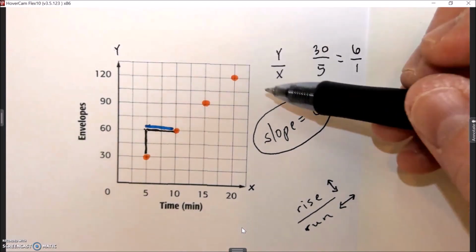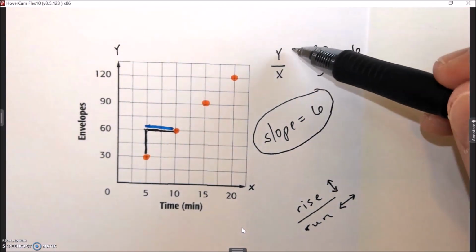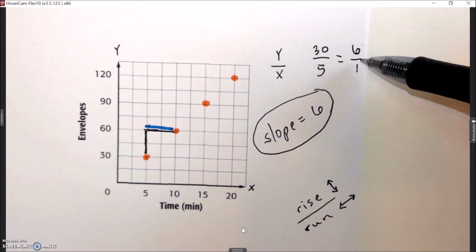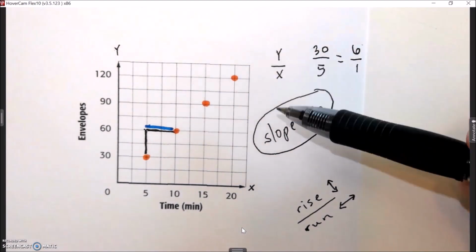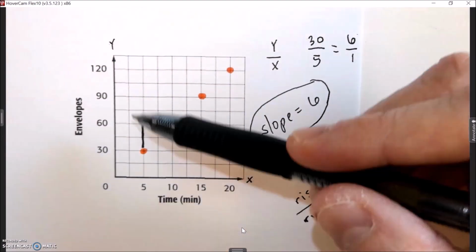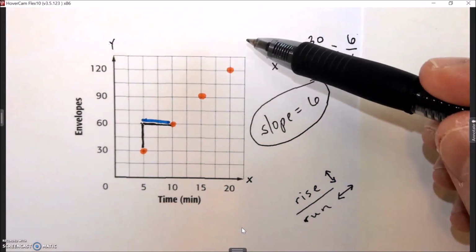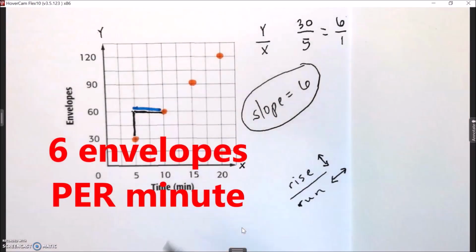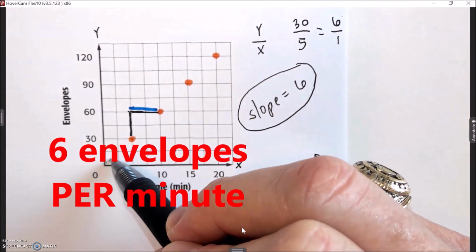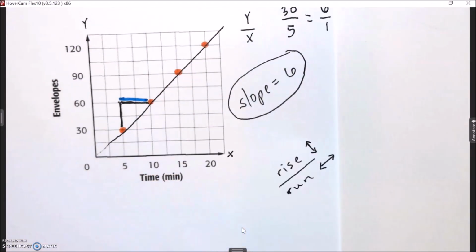However, the 1 does help us if we were to graph this. So if our slope was 6 over 1, that means y would go up. That means we would go up 6 over 1, up 6 over 1, up 6 over 1, forever. And then we could connect our beautiful lines, and then we would have a straight line.